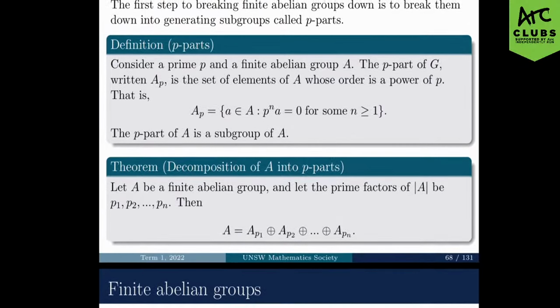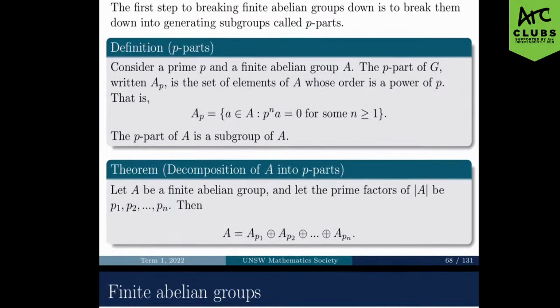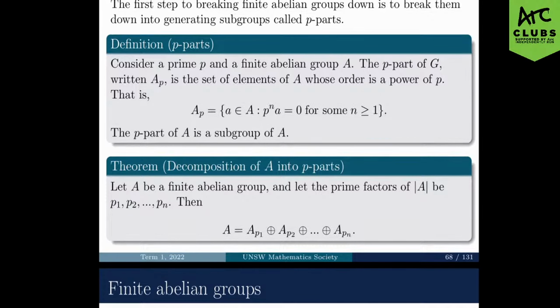Next thing we do is we can actually work out that A can be decomposed into its p-parts. So if you've got the prime factors of the order of A as being p1, p2, all the way down to pn, then A is equal to A of p1 plus A of p2, plus all the way down to A of pn. So this is kind of broken down into all of these small parts. That's how we decompose A into p-parts.